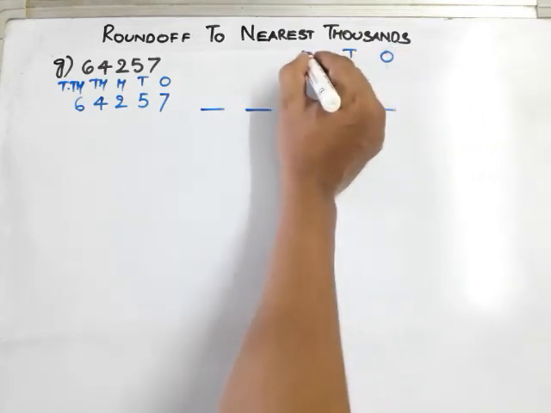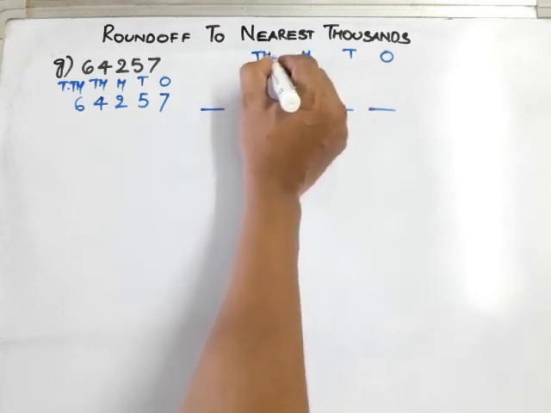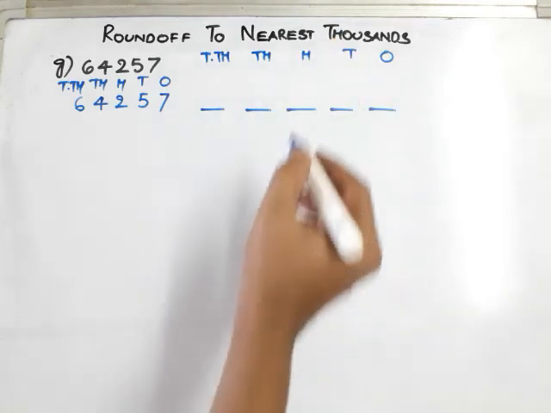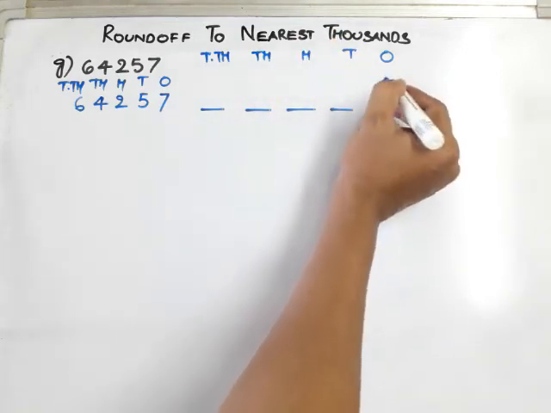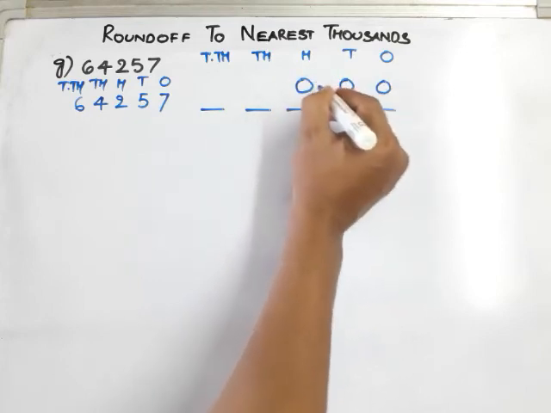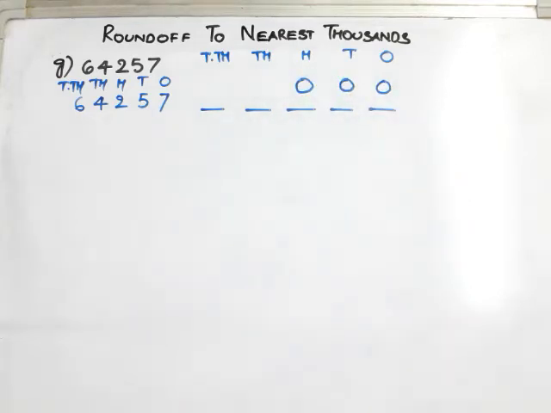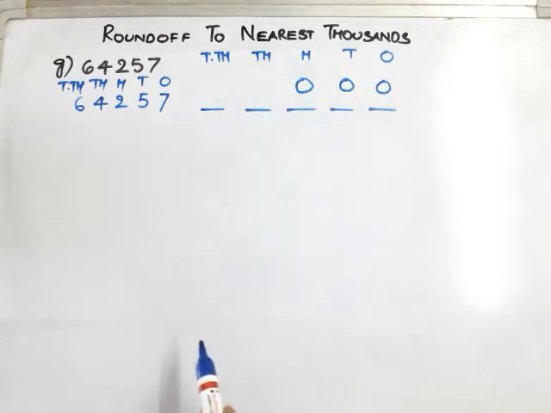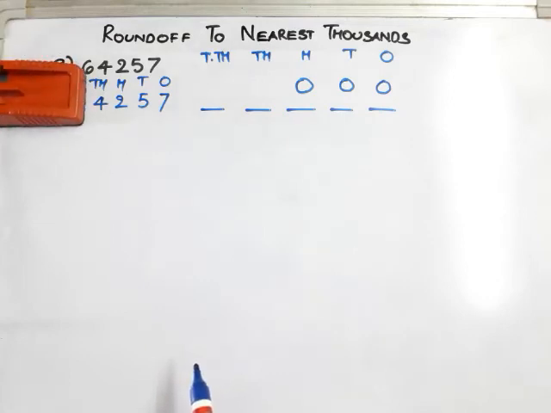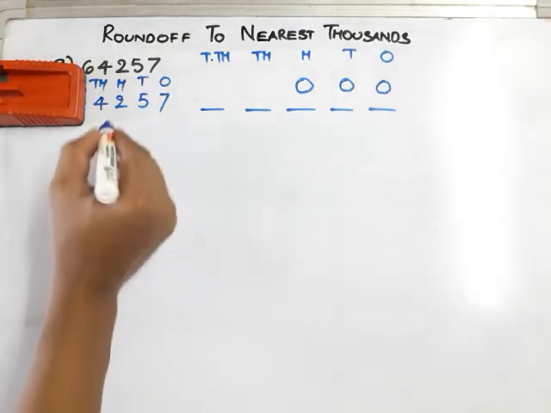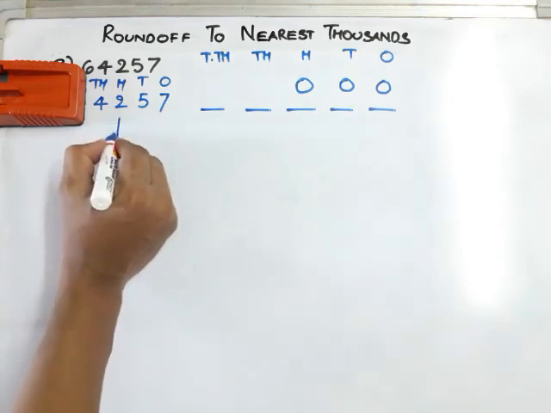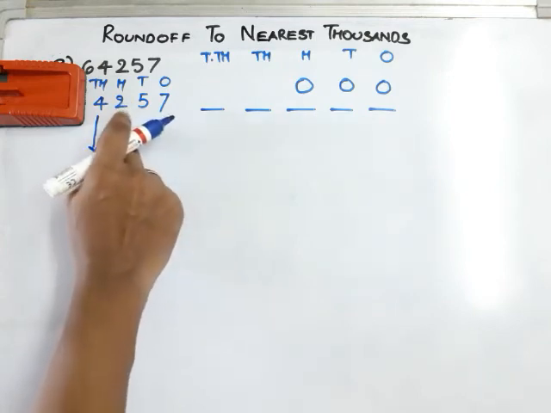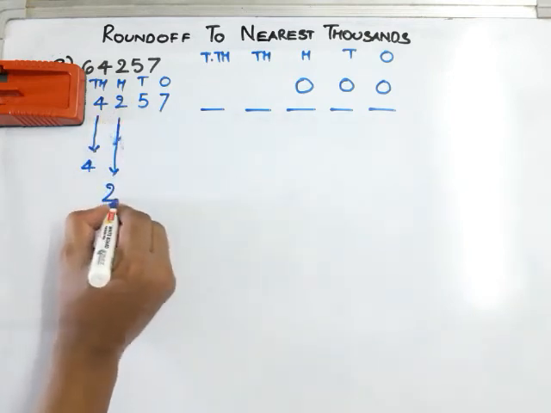As we have to round off to nearest thousand, what will happen to the digits in ones, tens, and hundreds? They will be replaced by 0. The 10,000 place will be discarded for some time, and to fix the thousands place, which is 4, we will check the digit in hundreds place, which is 2.